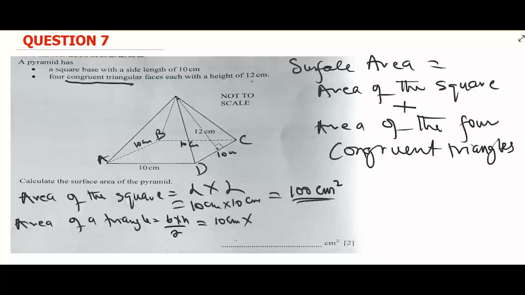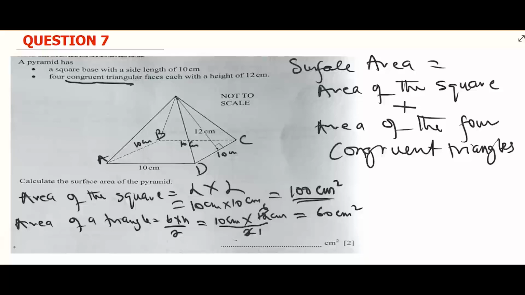The height is 12 centimeters, as given, then over 2. So 2 into 12 is 6 centimeters, 6 centimeters times 10 centimeters. So that will be 60 squared centimeters. So that is the area of a triangle. Okay, that is one.